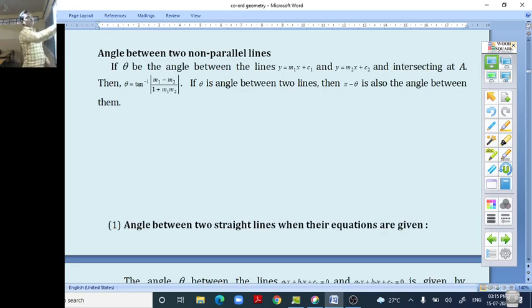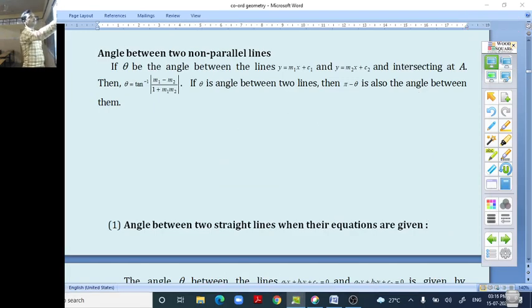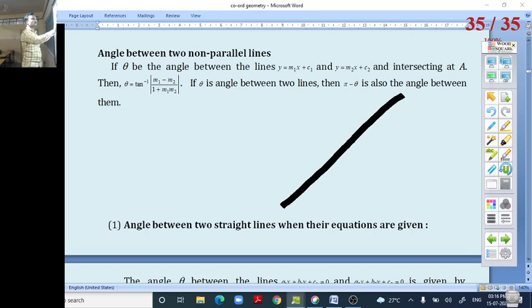The next one is angle between the lines. Suppose that there are two lines drawn. One line is L1 and one more line is L2, right?